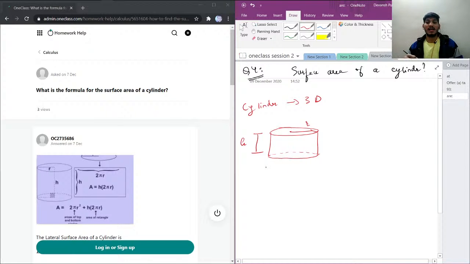So for curved shapes, we have two types of surface area. One is the curved surface area and the second one is the total surface area.